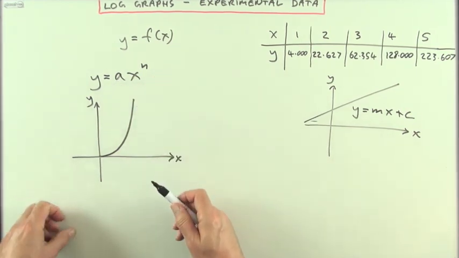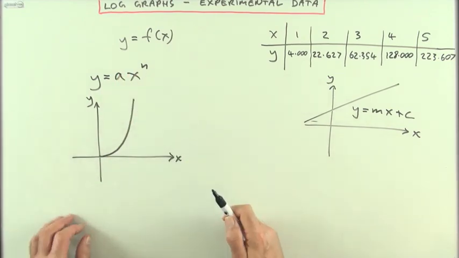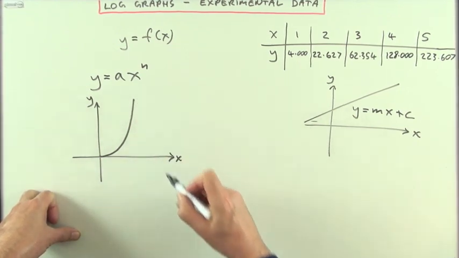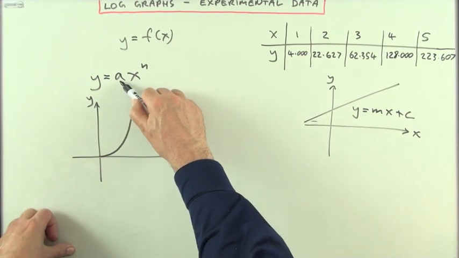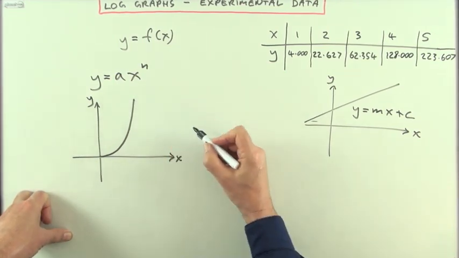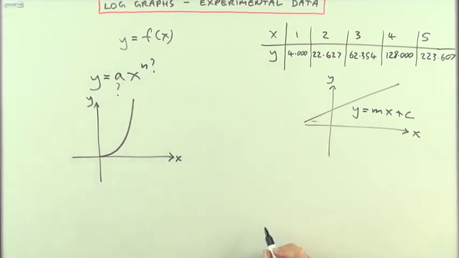If I multiplied it by something, it would still look like this. There would just be a different scale. It might be skinnier, it might be wider. If it wasn't x squared, if it was x cubed, it would still look like this. And if there was a multiplying number, it could make it skinnier, it could make it wider. I can't tell what the power is. If that was the graph, I don't know what a is, and I don't know what n is.